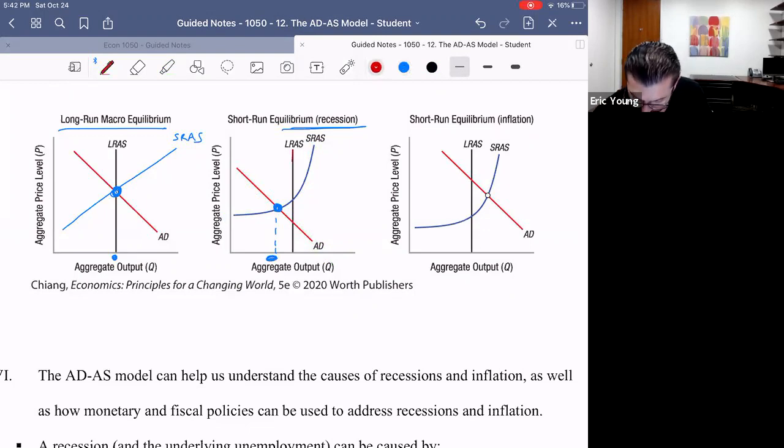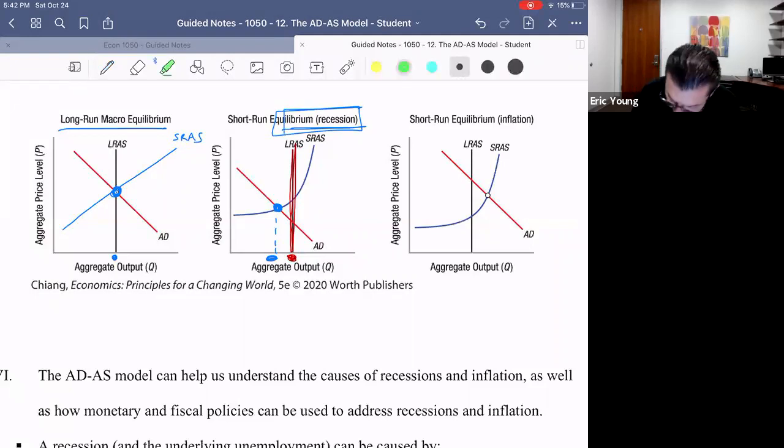But because our LRAS right here in red represents our potential output, you see that in this second panel, which we're going to call a recessionary gap, the economy's actual output is below its potential. That's that gap right here. And as a result, the economy is underproducing. There's going to be some idle resources, namely unemployment. Not a good thing.